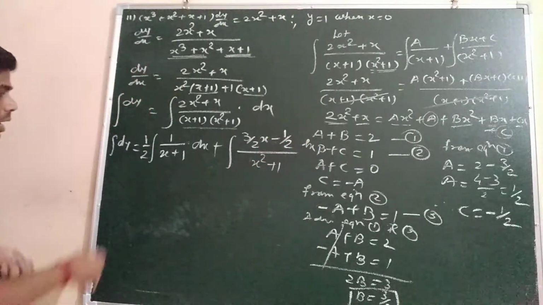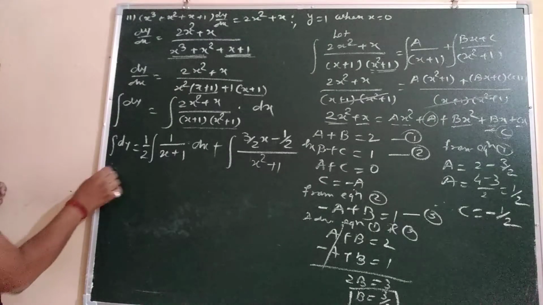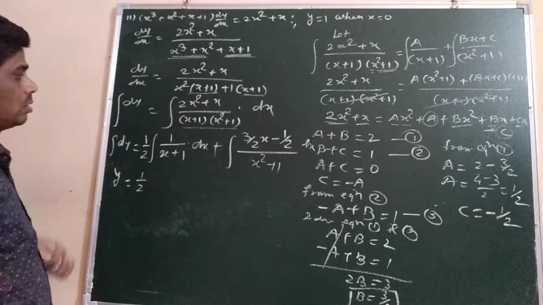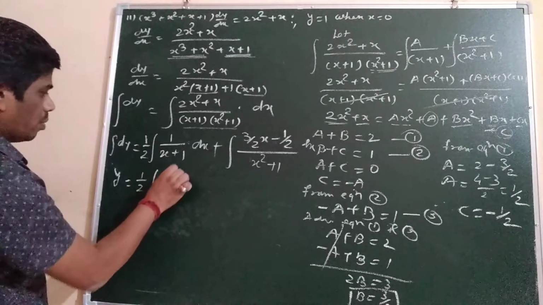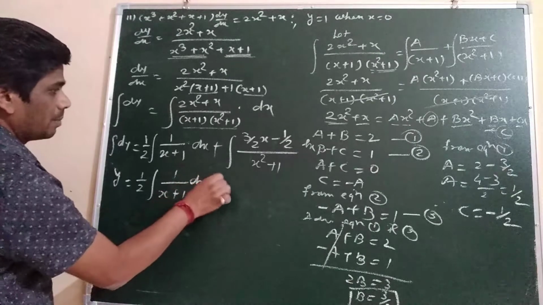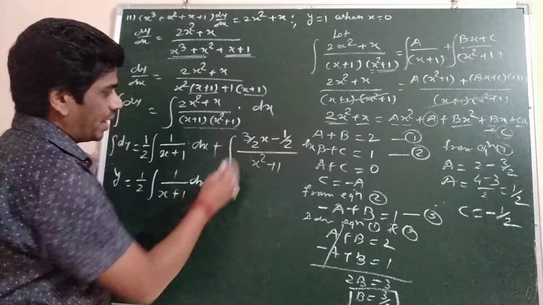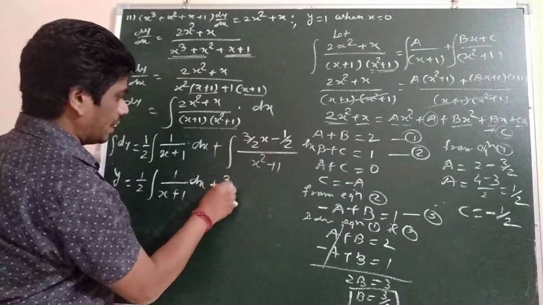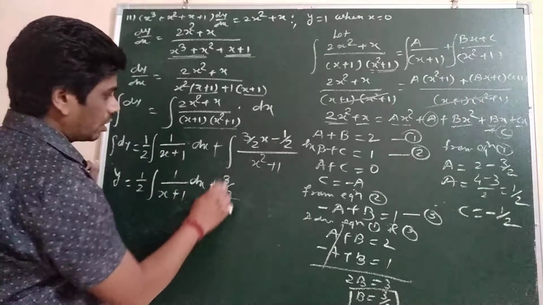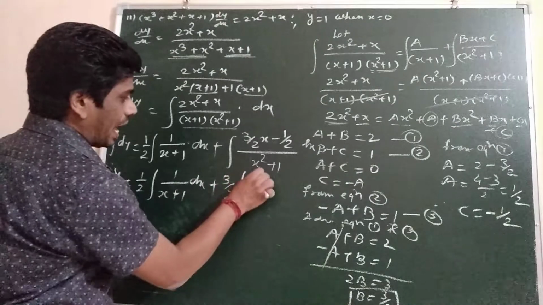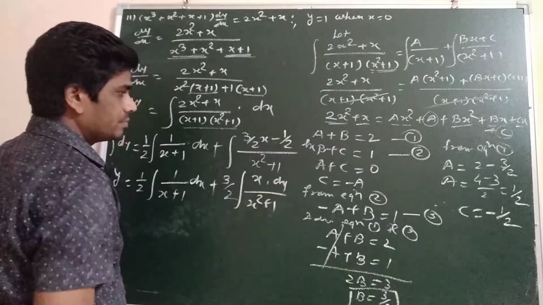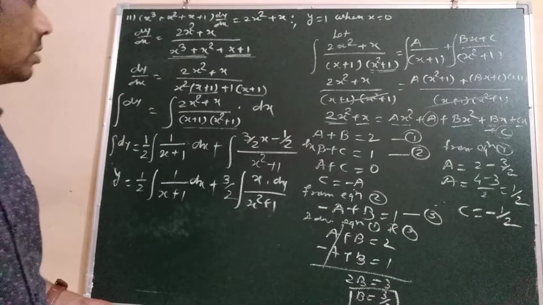So y equals 1 upon 2 integral of 1 upon x plus 1 dx plus 3 by 2 taken outside the integration, integral of x dx upon x square plus 1, and I will solve that now.